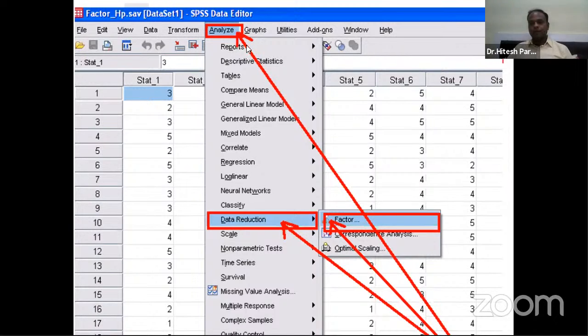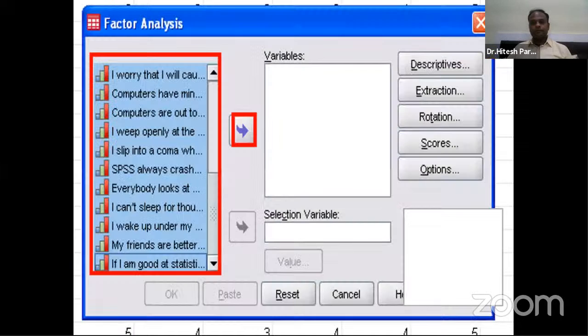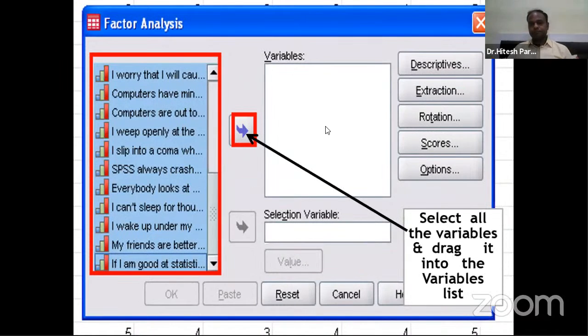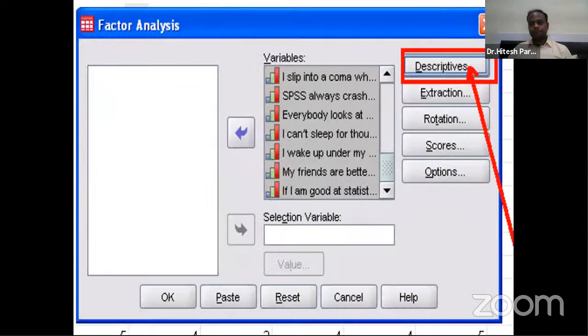Once you click on Factor, this dialog box will appear. What you need to do, you need to transfer all 23 variables into the variable list.